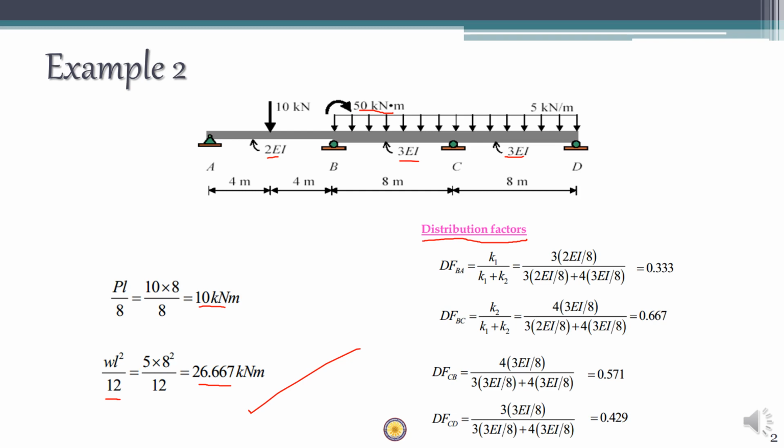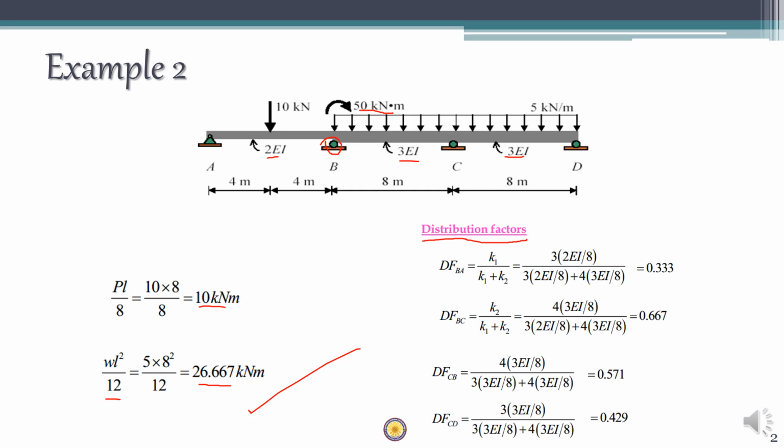When you consider the joint B, there are two members meeting at B, which are BA and BC. So stiffness of BA is going to be, since the far end is simply supported, 3EI by L. However, EI is 2EI, so 3 into 2EI by L, where L is 8 meters. For the span BC, K is equal to 4 into 3EI by L, right?